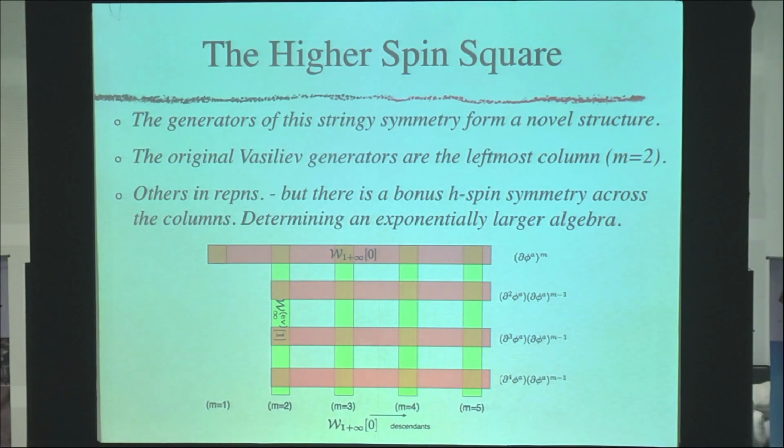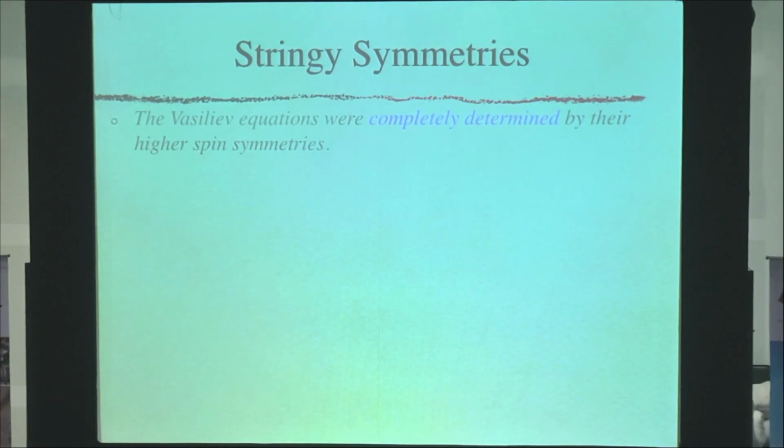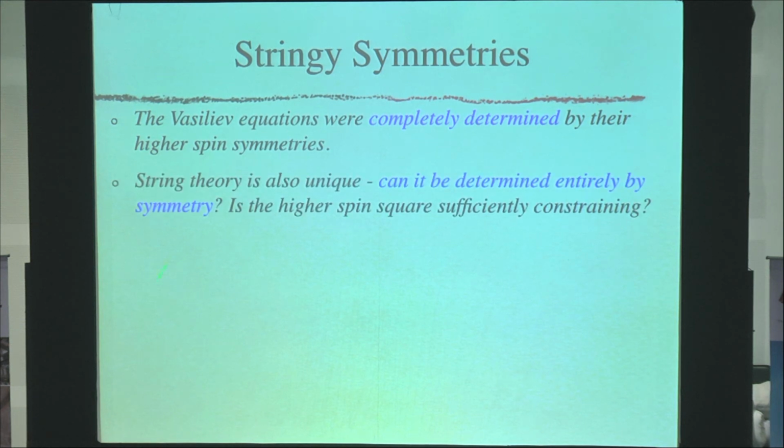the full stringy symmetry. And this encourages us because the Vasiliev equations, as I said at the beginning, were completely determined by the higher spin symmetries. They were very constrained by the gauge invariances. And string theory is also, you believe, unique, though it's hard to put your finger on how exactly that uniqueness is determined.